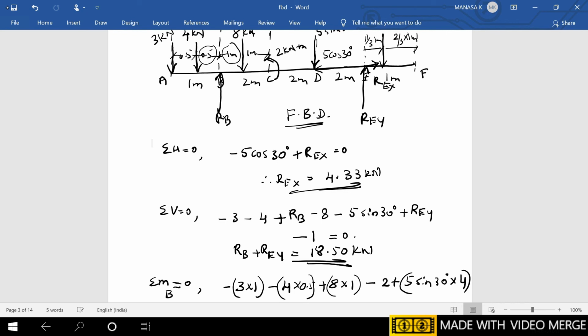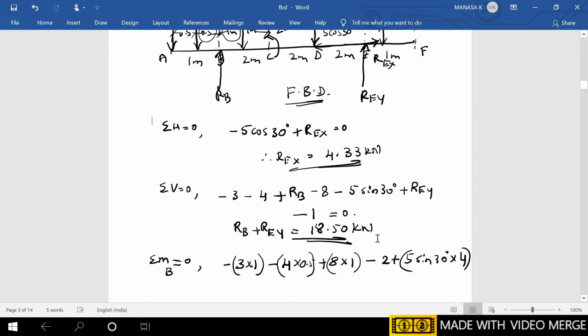So it is positive 5 sine 30 into 4. Next, there is a horizontal force here, 5 cos 30 acting. The line of action of this force is passing through the point B, so it doesn't create any moment.